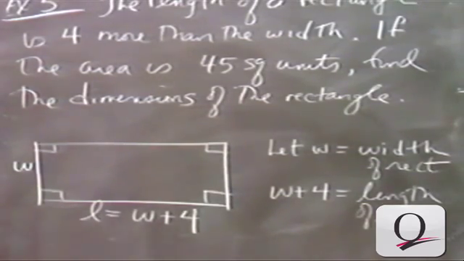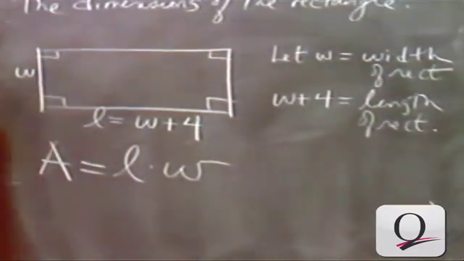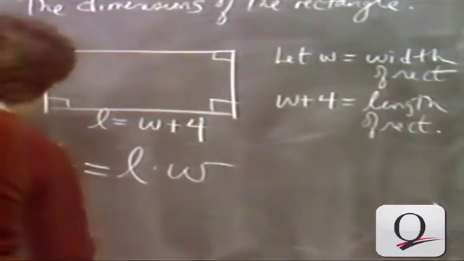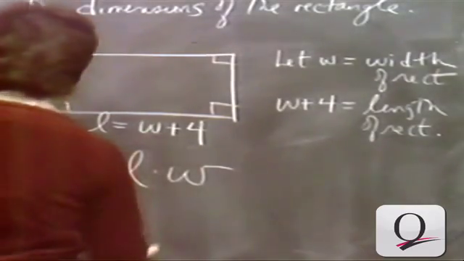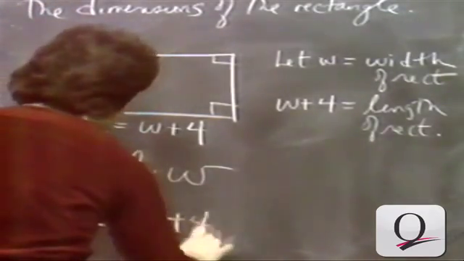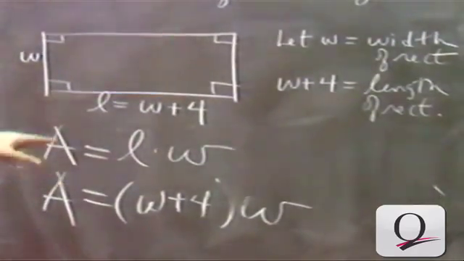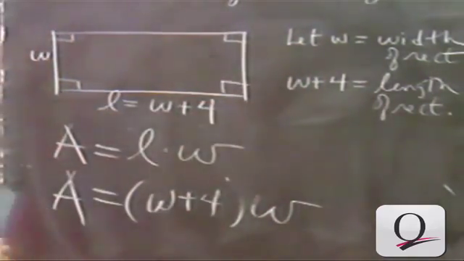Now we're told that the area is 45 square units. In a rectangle, the area is the length times the width. So in our particular problem, the area A is L times W, that is W plus 4 times W. And we were told the area is 45, and we want to solve for W. Having found W, we'd be able to find the length as well, which is W plus 4.